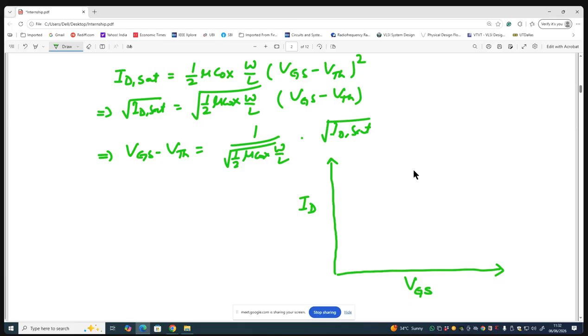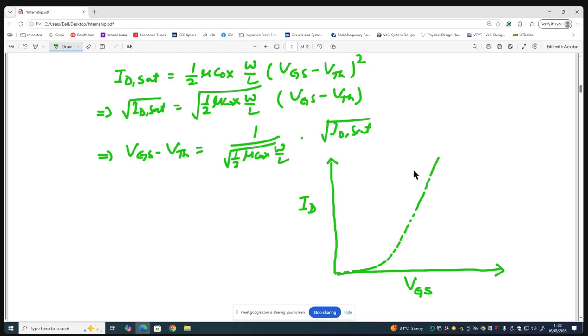Let me plot ID first so that you can see. Suppose this is ID, so you will have something like this.